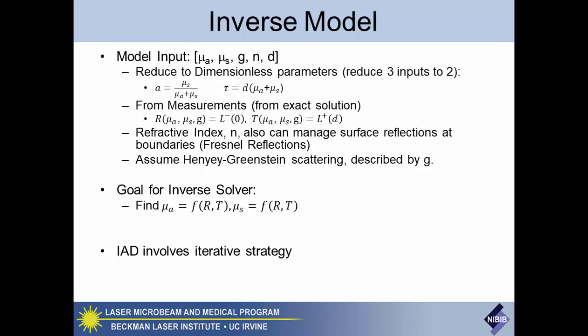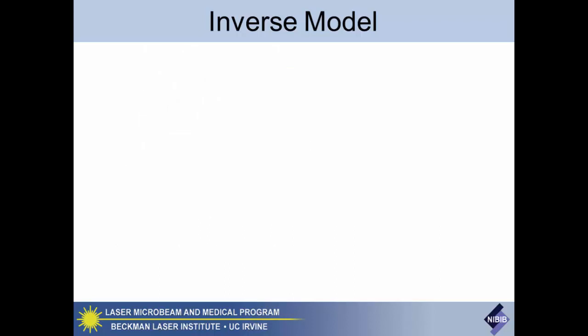And again, this now involves an iterative strategy. And I believe that's also going to be spoken in more detail in one of the later lectures on iterative methods to minimize solutions of inverse models.